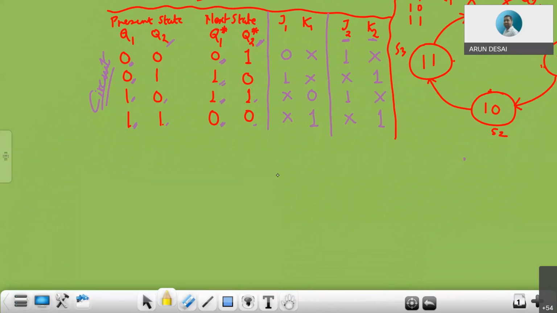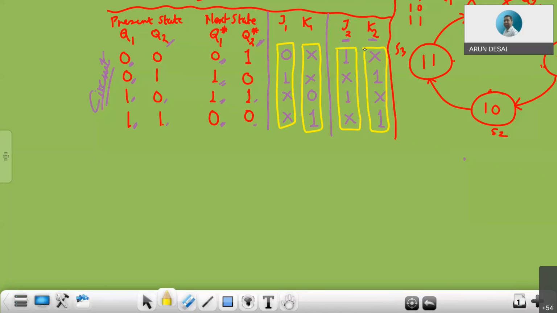We are trying for inputs now. This is my J1, this is my K1, J2 and K2. I need to write this.